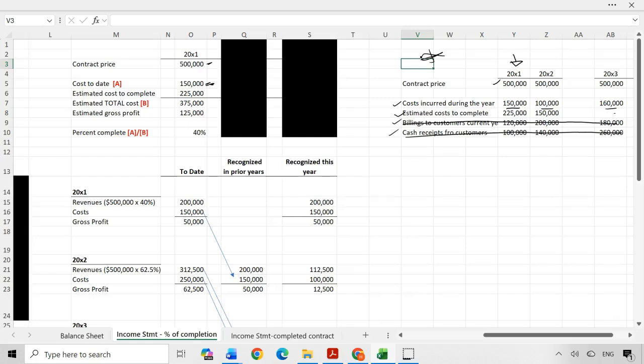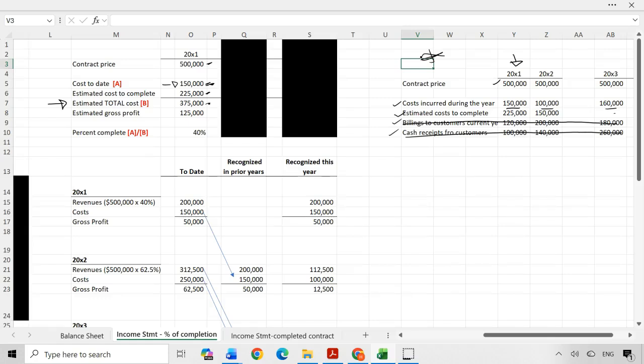The estimated cost to complete this project, when the company does it in year one, is that the company thinks they will have $225,000 of estimated cost to complete in addition to the cost that they've already incurred. So the total estimated cost, right here, row 7, is $375,000, and our gross profit that we project for this contract is $125,000.